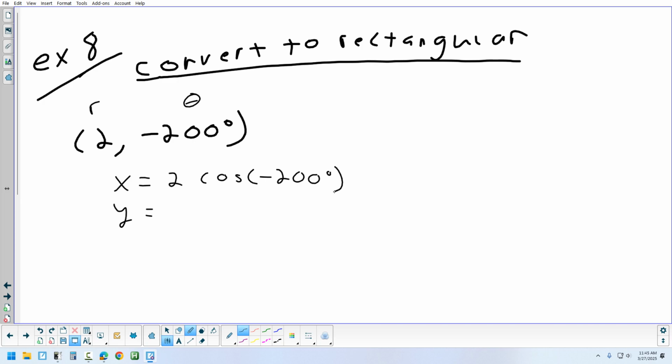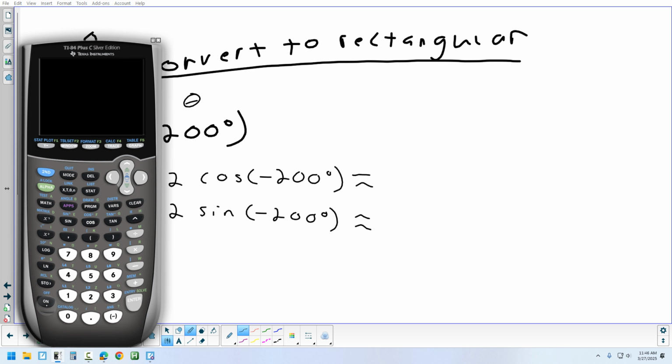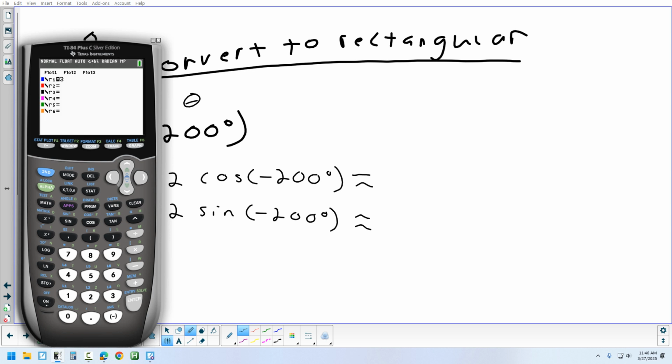And what's the y value going to look like? 2 sine negative 200. Okay, is 200 a multiple of a 30 or a 45? No, then it's not going to come out to a nice answer. If it was going to be a multiple of 30 or 45, it would be an answer with a root 3 or a root 2 in it: a root 3 if it was a multiple of 30, and a root 2 if it had the 45. But we don't have to worry about that in this one.